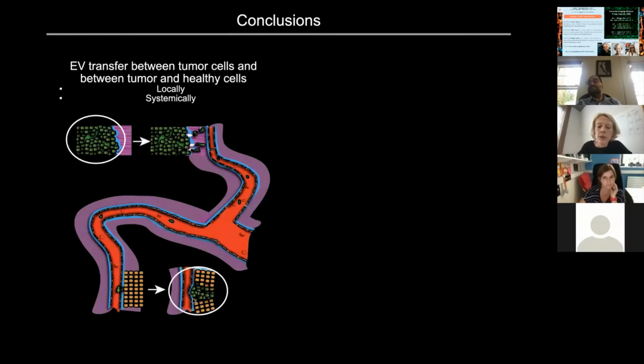So either nothing happens, the metastases shrink, or they suddenly start to progress, they start to grow. And these mechanisms were unknown, at least for a large part, but at least one of the underlying mechanisms might be mediated by extracellular vesicle transfer communication between those two different sites.